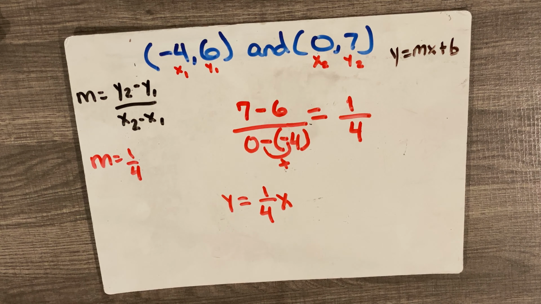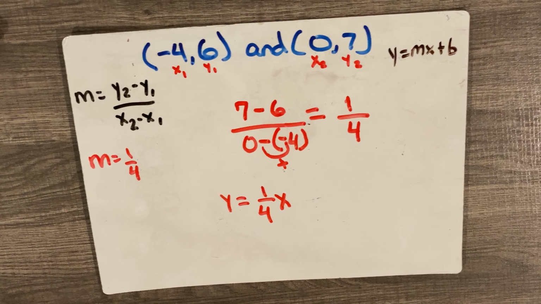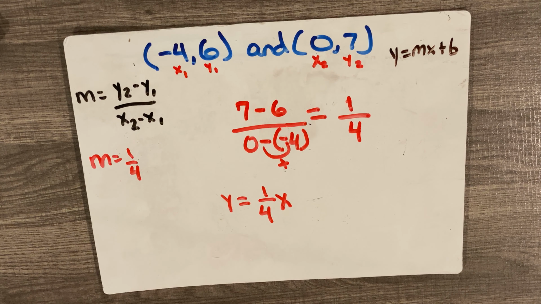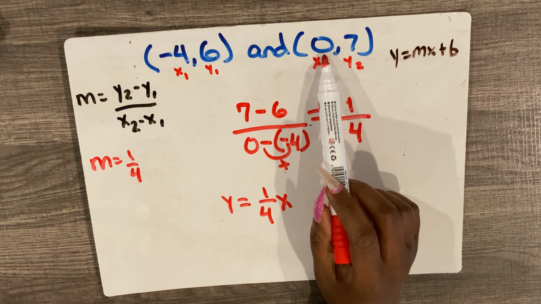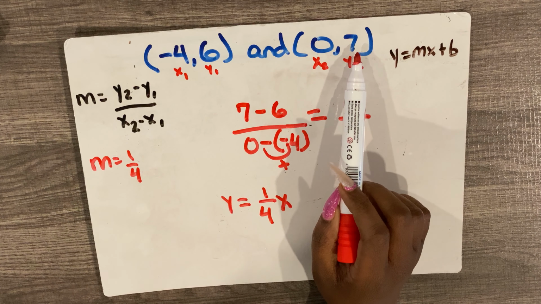Well, think back to when we talked about how to find the y-intercept. There are times where you will need to find the y-intercept using one set of points. However, in this example, they've already given it to you because they said when x is 0, y is 7.